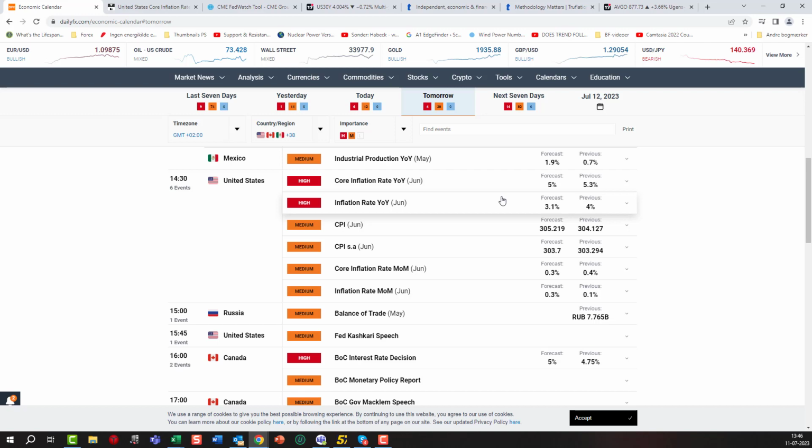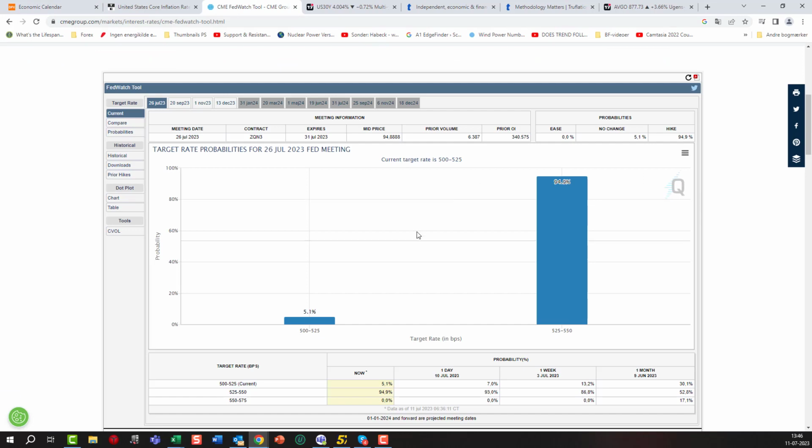On the other hand, if we see a lot lower CPI here, we could expect the Fed to maybe only hike once for the rest of the year here, which means that all of the smaller companies, more indebted companies, will have a bit of a better time, and we will see the indices like Nasdaq and many of the smaller tech companies go up in price.